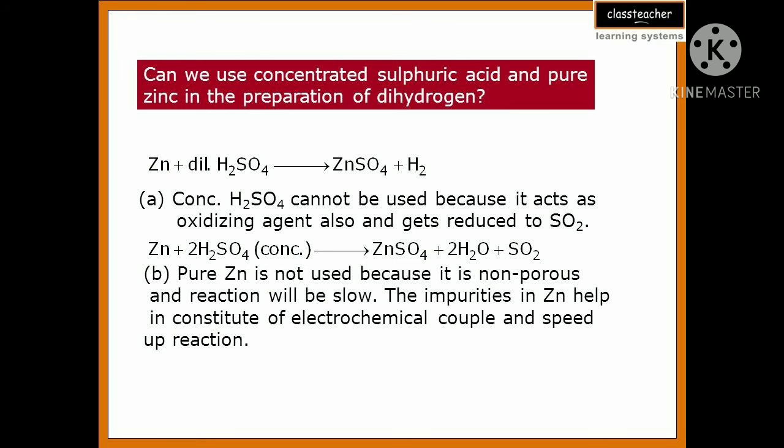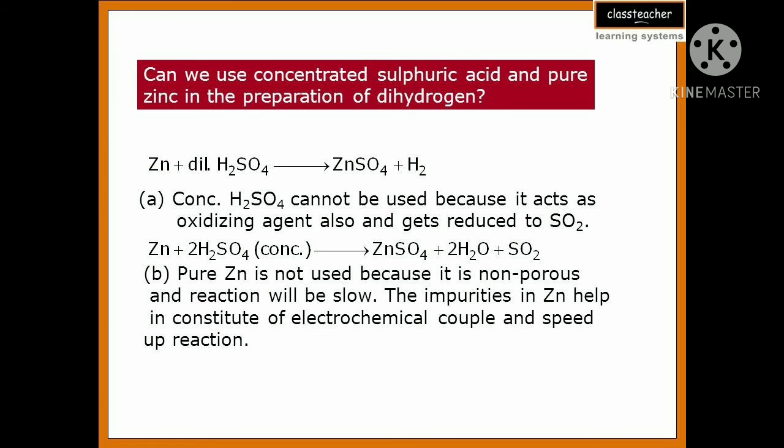Now the question is, can we use concentrated sulfuric acid and pure zinc in the preparation of hydrogen? Like zinc plus dilute sulfuric acid, we know that it gives the salt zinc sulfate and hydrogen gas is evolved.